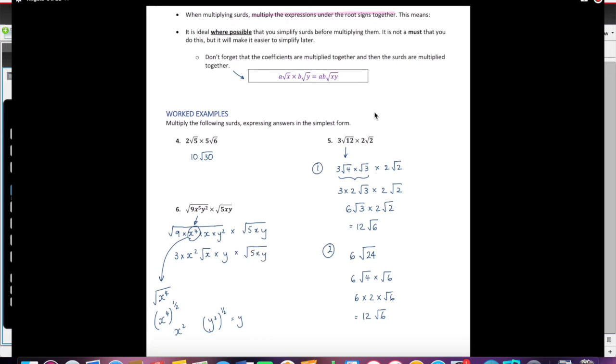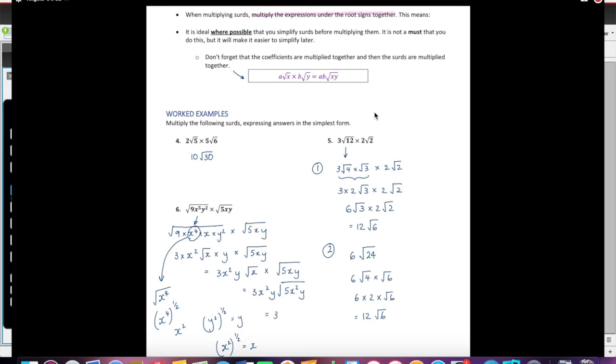So now rewriting this, I'm going to have 3x squared times y, root x times root 5xy. Again, simplifying this further, I'm going to have 3x squared y root, and I'm going to do 5x squared y. So again, we know that if I had x to the power of 2 and I'm rewriting that root as a power, I'm going to have x.